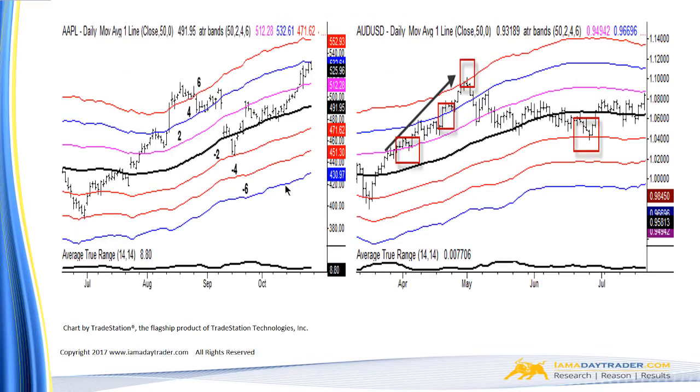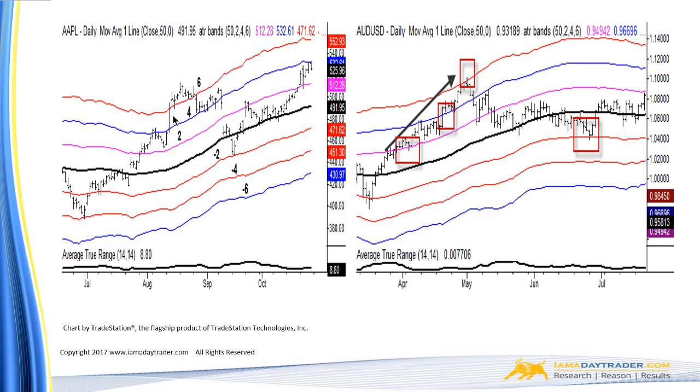Let me show you another use for average to range. We have a moving average that's rising up, and this is Apple. I'm showing you the Australian dollar, forex. Now notice the price rally from this moving average, which is the same, and it begins to rise 2 average to range above the moving average, 4, and 6.